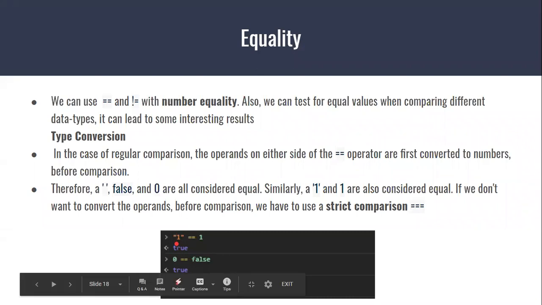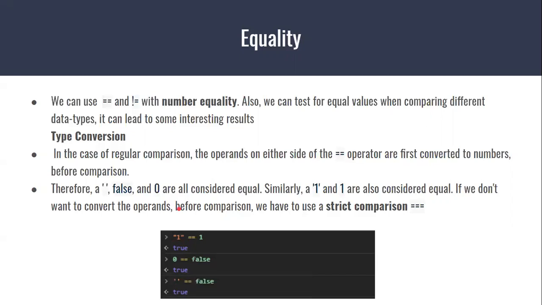What that means is, when we have string 1 equal to 1, it'll say true, because behind the scenes there's a conversion going on. At the same time, if you do 0 equals false, it'll also be true, because internally, and again, quirkiness, false can be 0 or 1. It can be like an electrical circuit, or a binary number, 1 and 0, on or off.